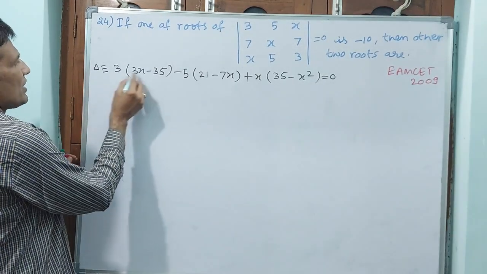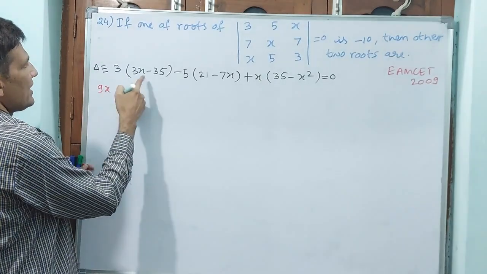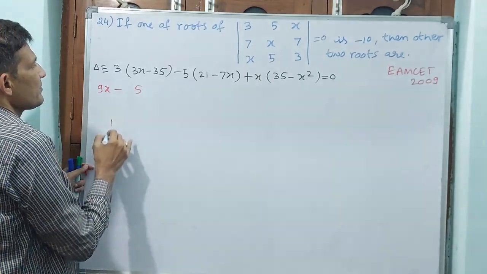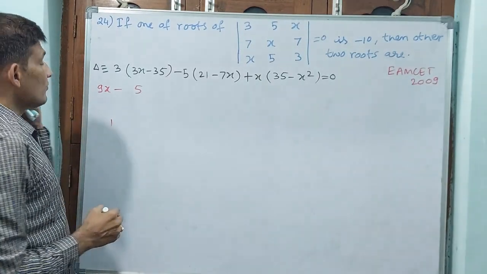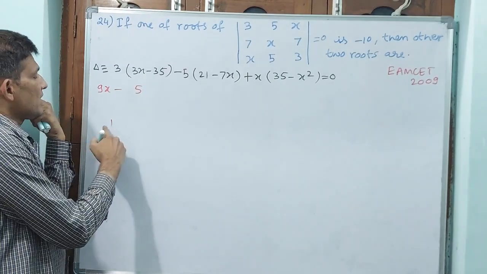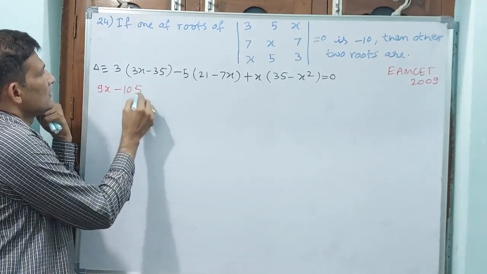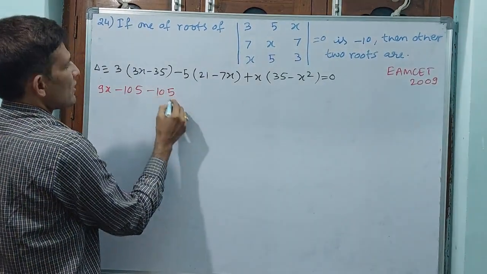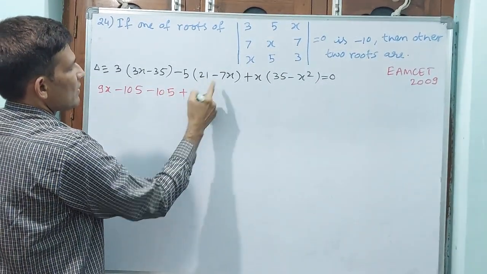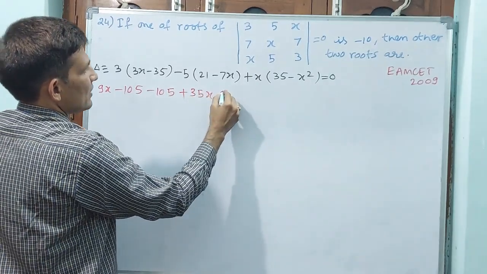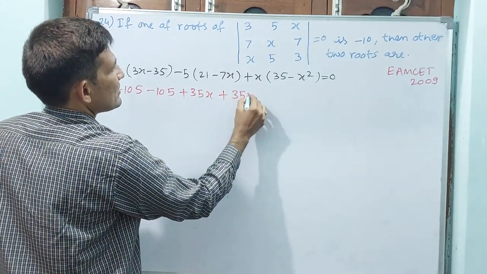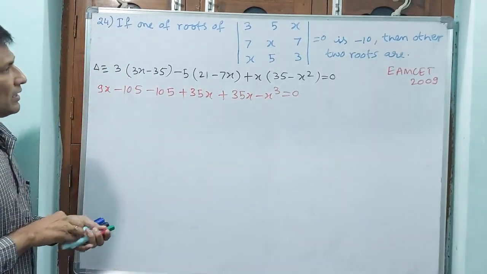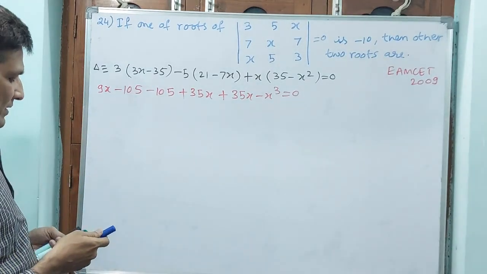See, 9x minus 3 5s are 15. 3 3s are 9 plus 1, 10, 105 minus 5 ones are 5, 5 twos are 10, 125 plus 5 sevens are 35x, plus 35x minus x cube is equal to 0.